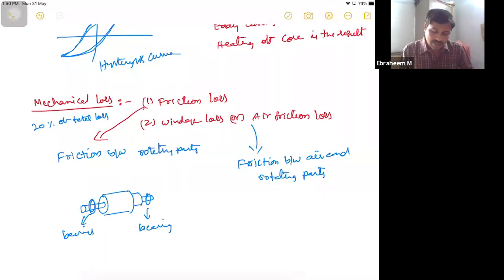Friction at the bearings will cause some mechanical energy loss, and this is rotating, and some air will be present in here. So you will have friction between air and rotating parts.